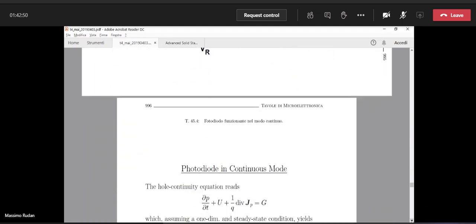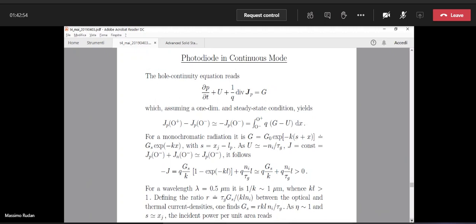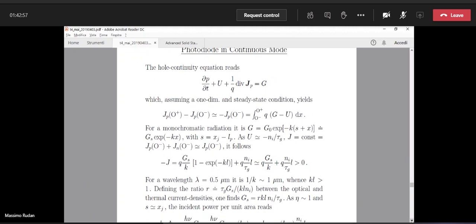And we assume the steady state condition of the device, okay? It is not really necessary to completely solve the model of semiconductor devices, okay? It is sufficient, for the purpose of calculating the current, to use this equation and integrate this equation over the space charge region.